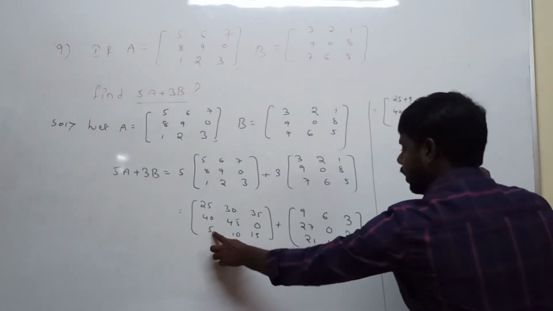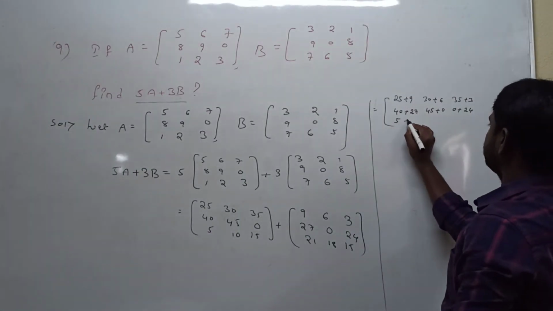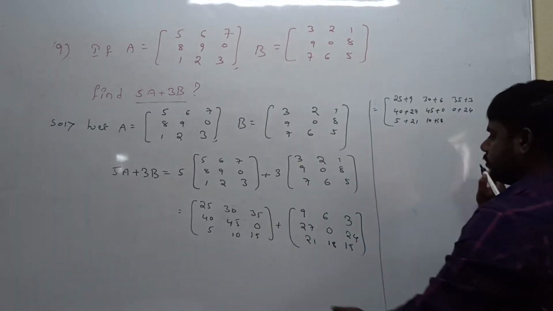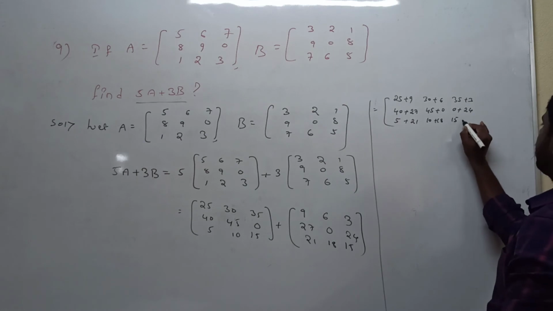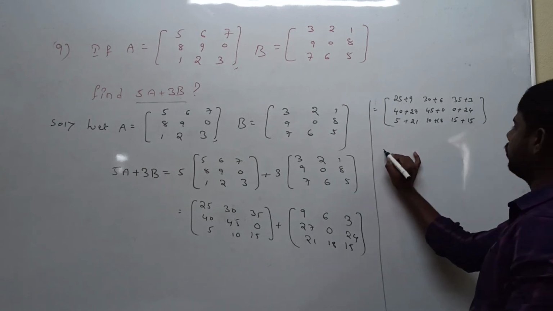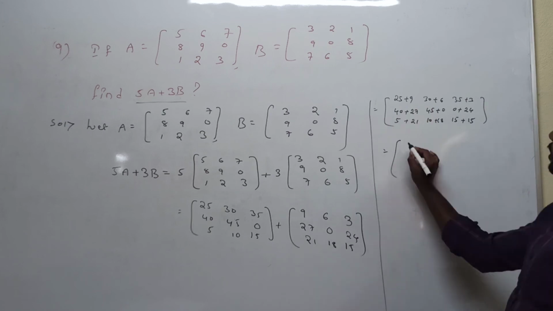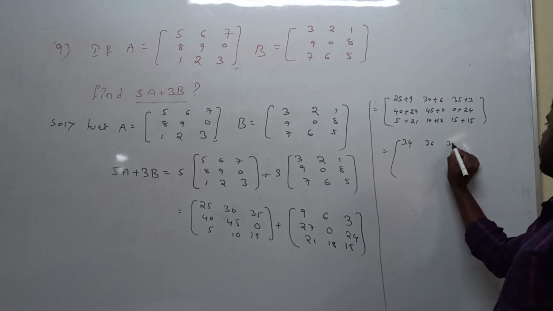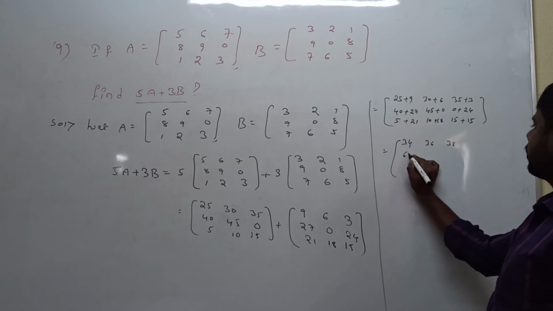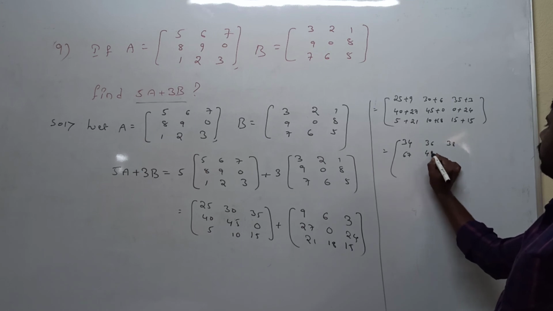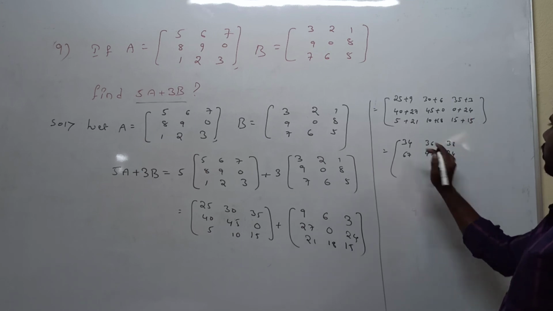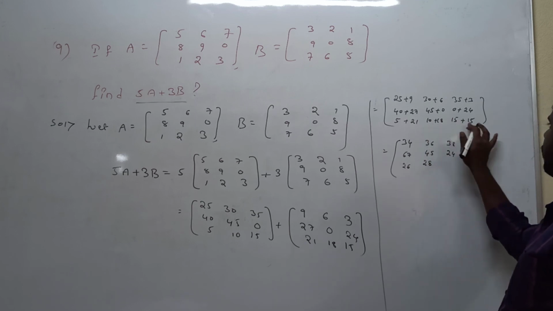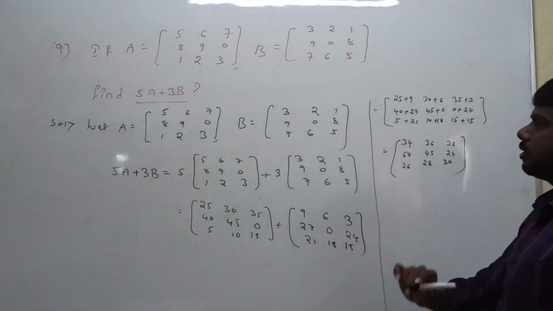Third row, first element 5 plus 21, 10 plus 18, 15 plus 15. 25 plus 9 value is 34, 30 plus 6 is 36, 35 plus 3 value is 38, 40 plus 27 value is 67, 45 plus 0 value is 45, 0 plus 24 value is 24, 5 plus 21 value is 26, 10 plus 18 value is 28, 15 plus 15 value is 30. This value is 5A plus 3B.